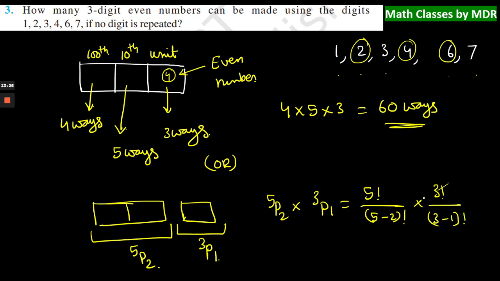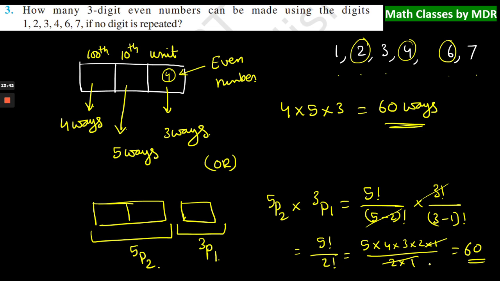Right? See, this 3 factorial and this 3 factorial will get cancelled. And then 5 factorial by 2 factorial. It is nothing but 5 into 4 into 3 into 2 into 1 by 2 into 1. Right? So you will have 60 ways of 3-digit numbers which are even numbers.